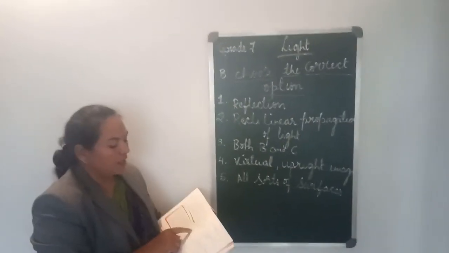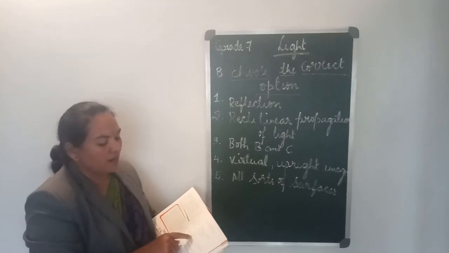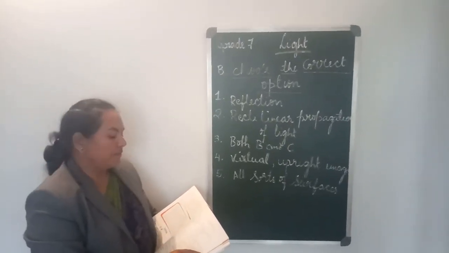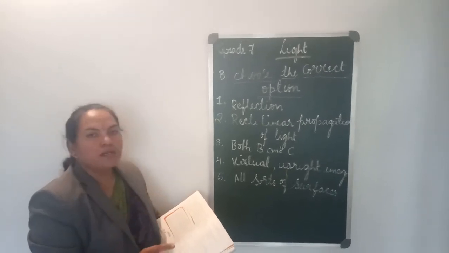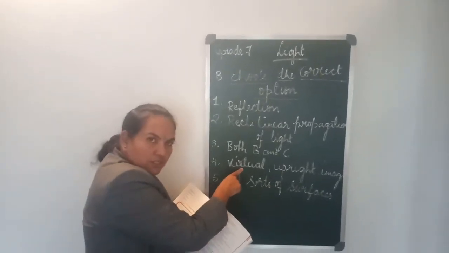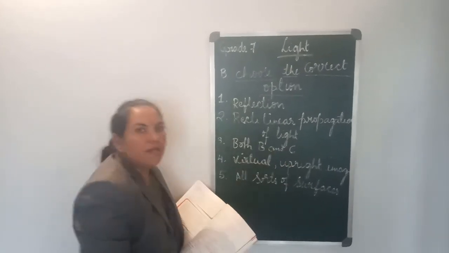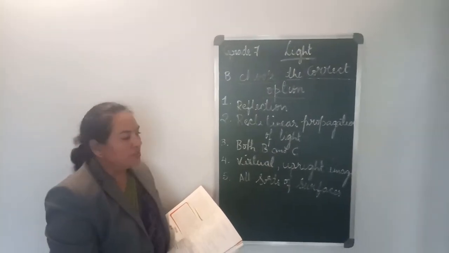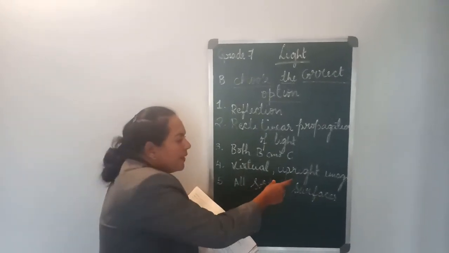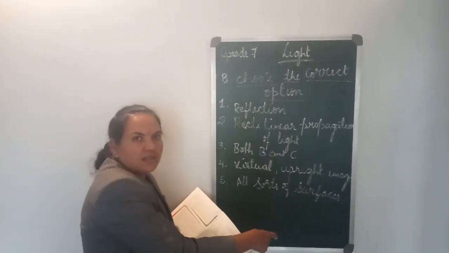Which of the following are the characteristics of the image formed by the plane mirror? The plane mirror forms an image which is virtual and upright. Virtual means it cannot be caught on the screen. Upright means as it is.